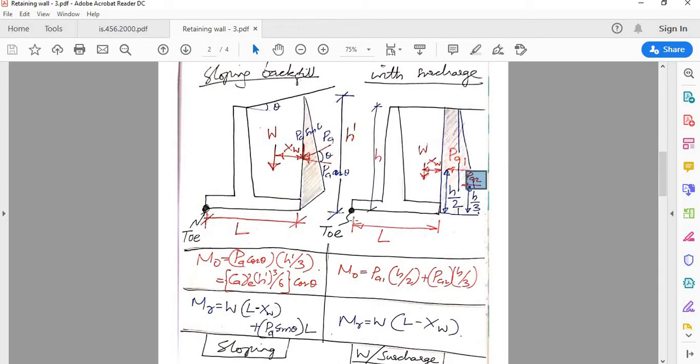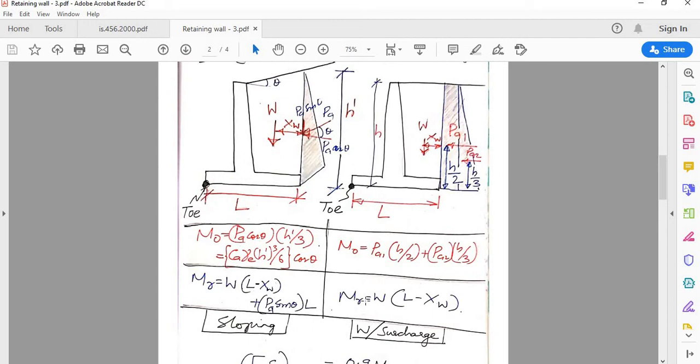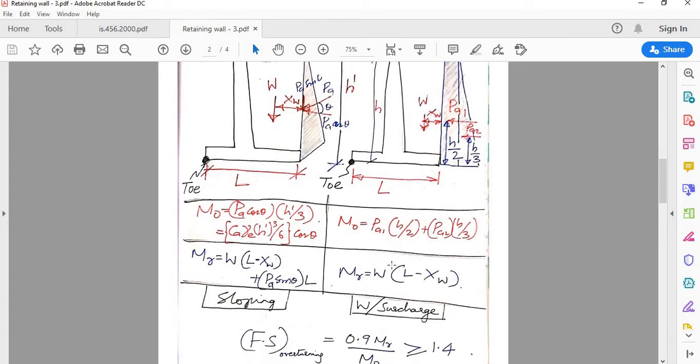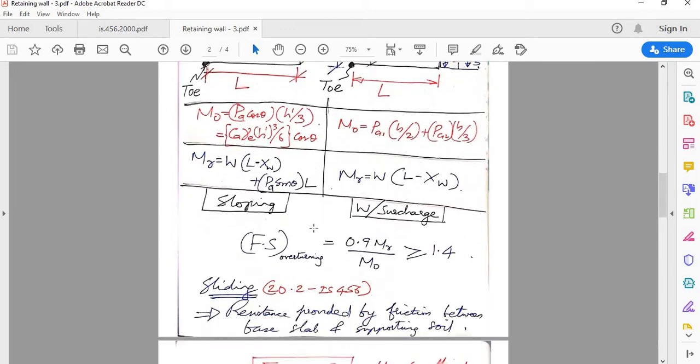So the total overturning moment about the toe is PA1 into h by 2 plus PA2 into h by 3. So that's simple. And restoring moment is nothing but the contribution of W. There won't be the vertical component of active earth pressure as we saw in this case. So it is simply W into L minus xw.